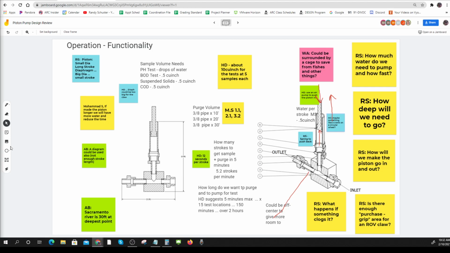So I'm going to add on because at some point we're going to talk about where physically is this. Okay. So there's a whole other thing that this could be above the water, and instead of the tube being attached to the outlet, could the tube be attached to the inlet and just have the inlet down in the water?